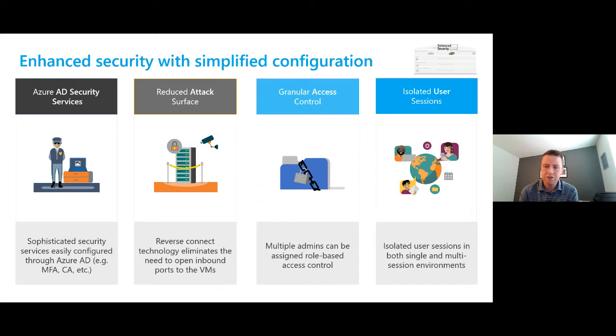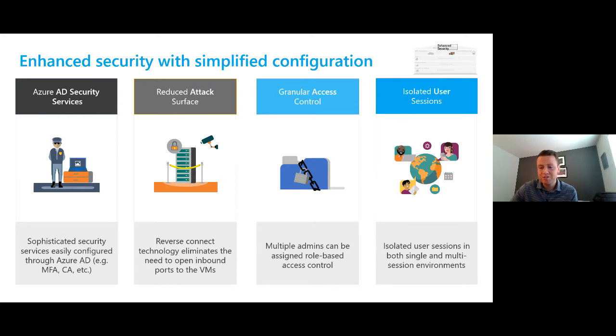And then there are 3 security advantages that we can hit on here. One is your attack surface is reduced, and that's because Microsoft uses something called reverse connect technology. Essentially, what reverse connect technology means is that they are not opening inbound ports to those virtual machines, so there are fewer places for the bad actors to attack.